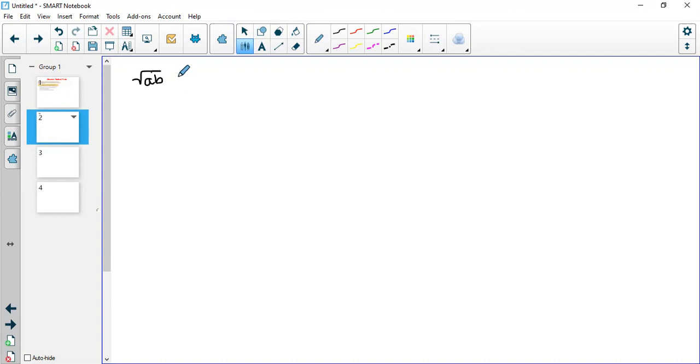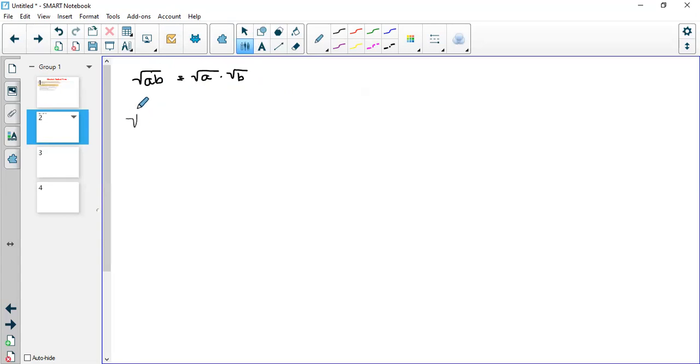We can rewrite this as the square root of A multiplied by the square root of B. Basically, we are separating the two elements. If they are separated, we can also write them together. I'll show examples later.